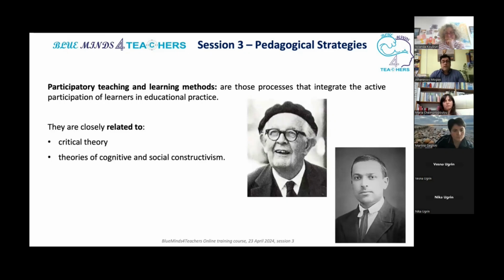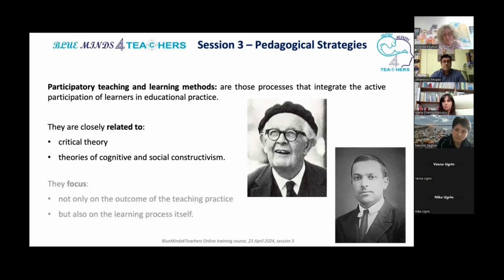They are closely related to what we call in pedagogy critical theory and the theories of cognitive and social constructivism. You see in the pictures the well-known, at least to the teachers of primary education, Piaget and Vygotsky, from whom we have the theories of cognitive and social constructivism.